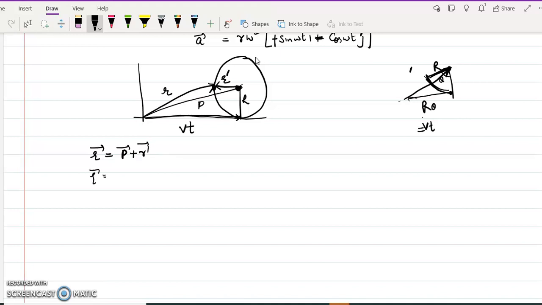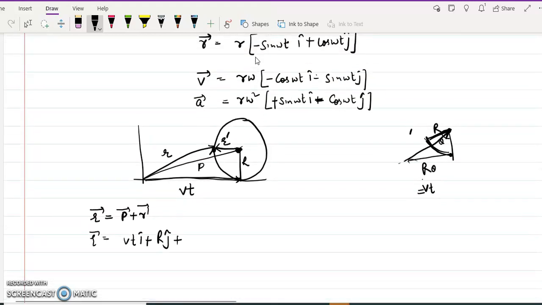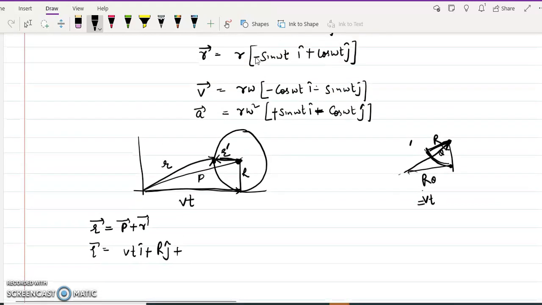The p vector will be vt I cap plus R j cap. And what is r prime? r prime is the position vector at time t of the pebble from the center of the wheel, which we have given above, where capital R is the radius of the wheel. So this will be R of minus sine omega t I cap plus cos omega t j cap.